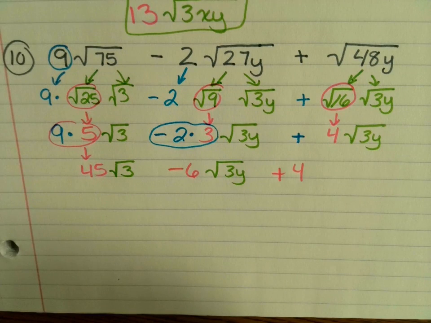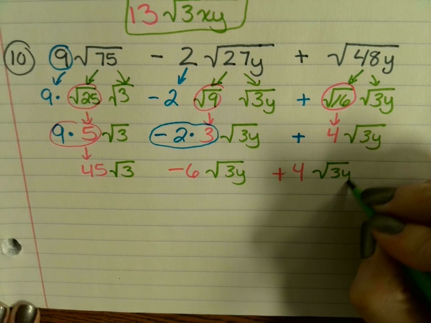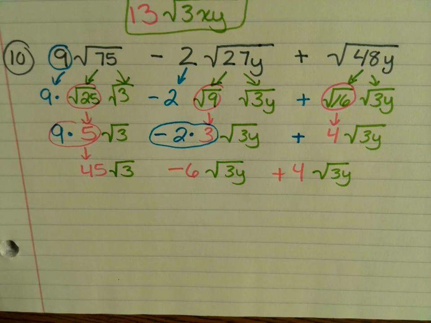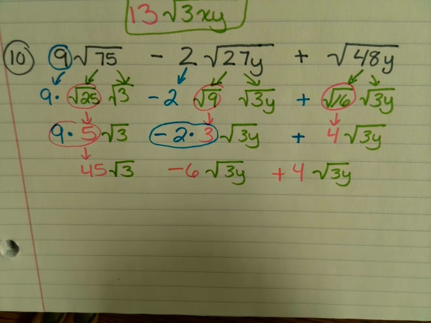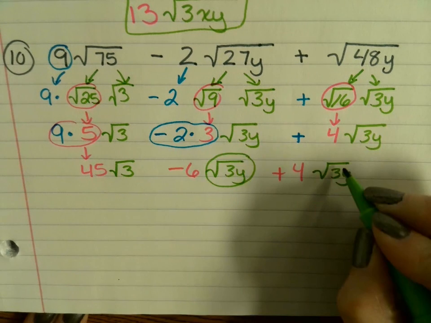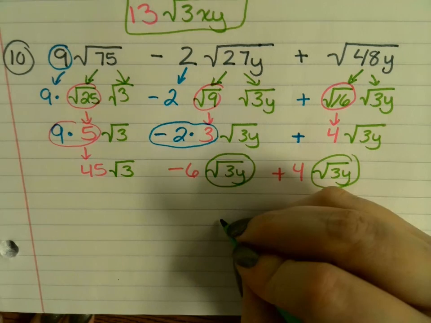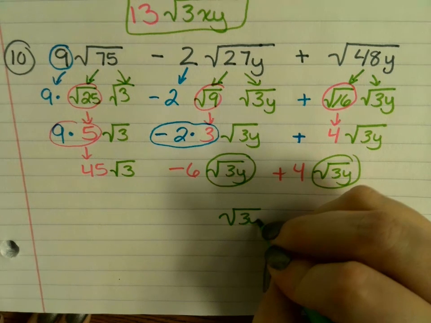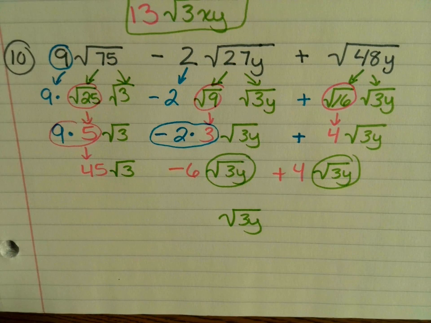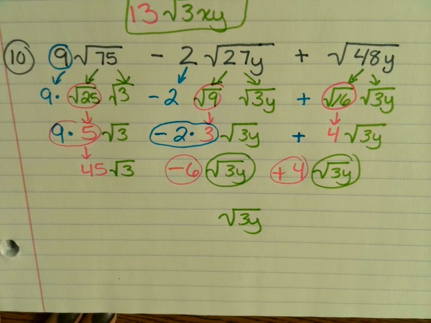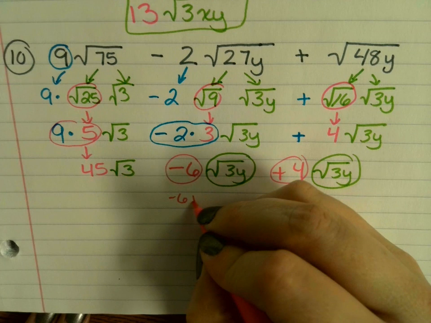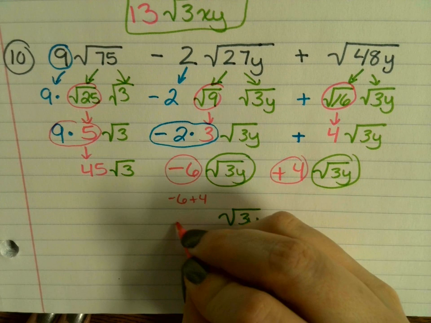And then here, the only ones that happen to be like terms are the square root of 3y's. The square root of 3y's are like terms, so I'm going to go ahead and bring those down as square root of 3y. And what I'm going to focus on is negative 6 plus 4. Negative 6 plus 4 is going to give me negative 2. So I get negative 2 square root of 3y right here.